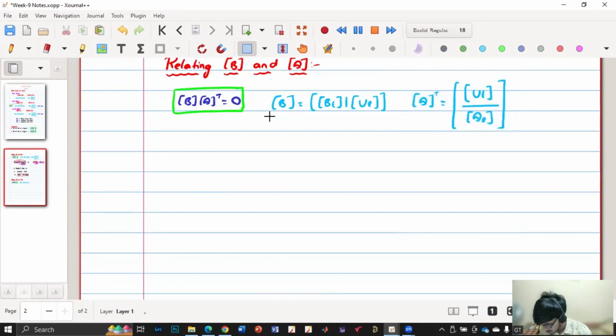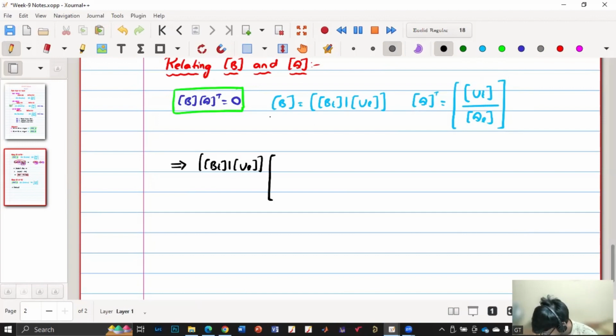So if I do this, we will be getting B twigs and U links multiplied by U twigs and Q links is equals to 0.